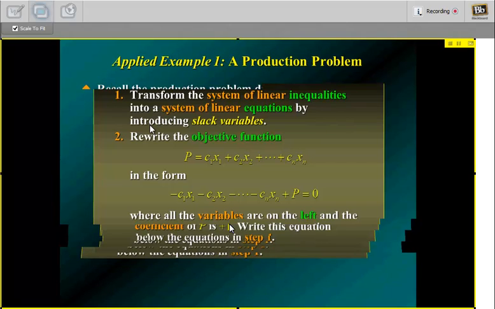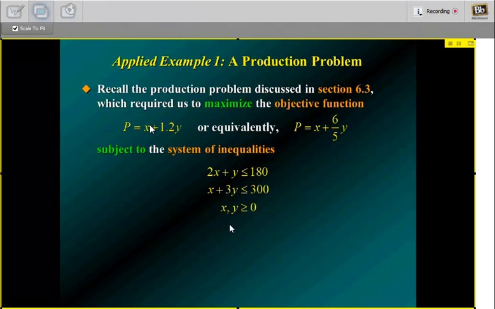This is the theory, and you will understand it when I explain it. So this is the problem, example number 1, and we have to maximize it and solve this problem by the simplex method.